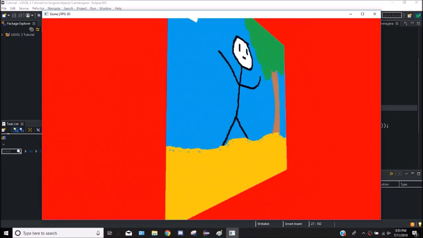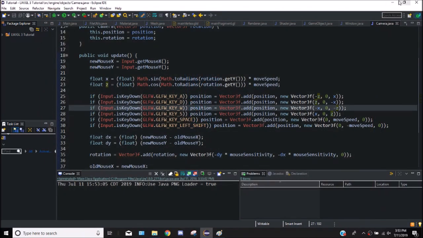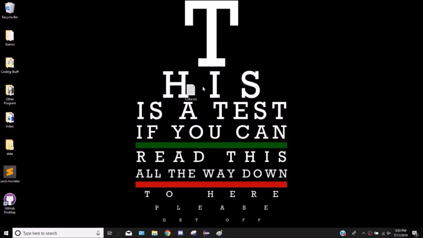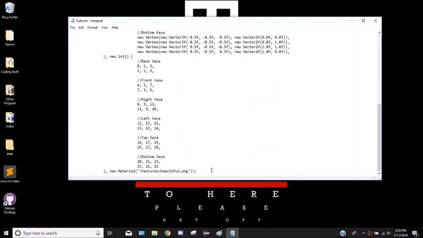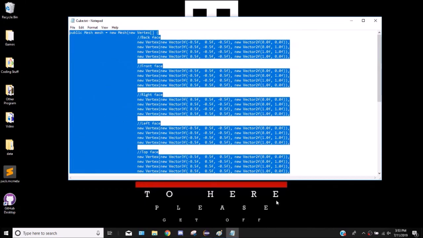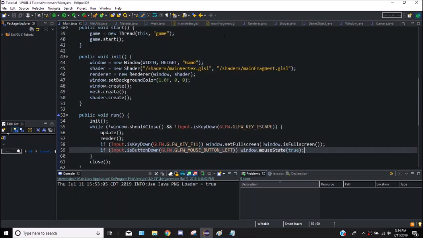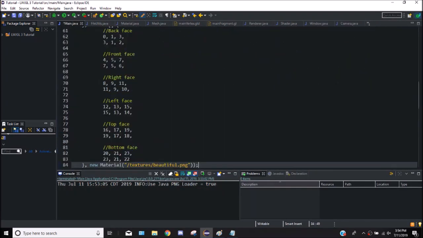You should see a file called cube.txt. I'm going to fetch that. We're going to copy that and replace our current mesh, which is a little boring square, with our brand new cube.